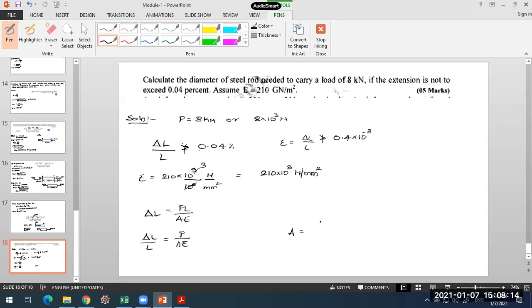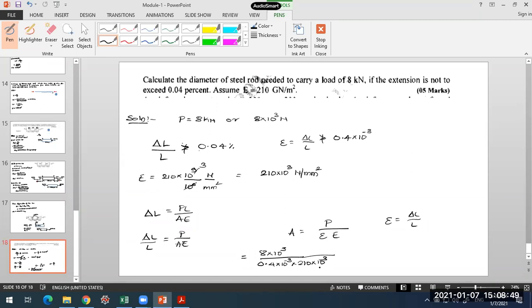A shall be equal to P upon epsilon into E, where epsilon is strain, delta L by L. So I can substitute P, 8 into 10 raised to 3, divided by 0.4 into 10 raised to minus 3 into 210 into 10 raised to 3.